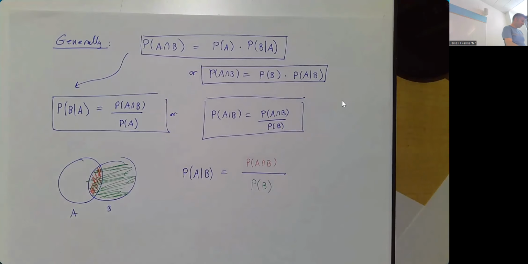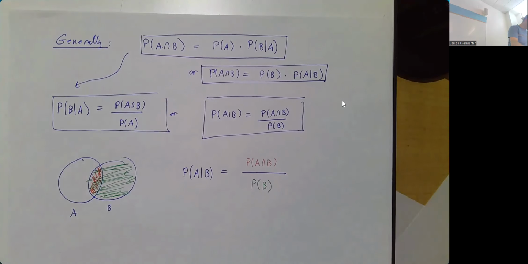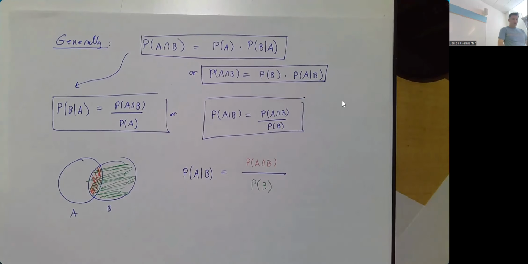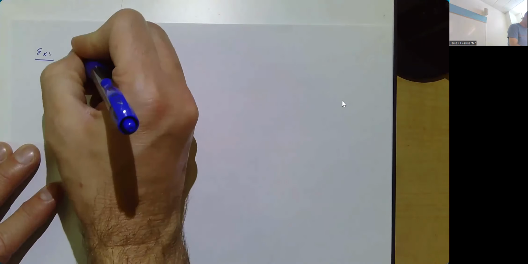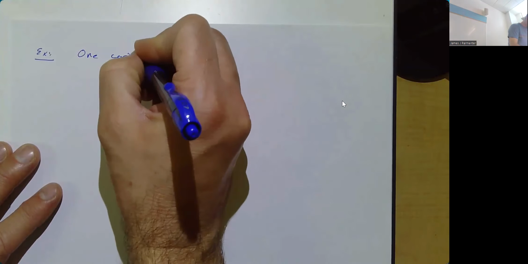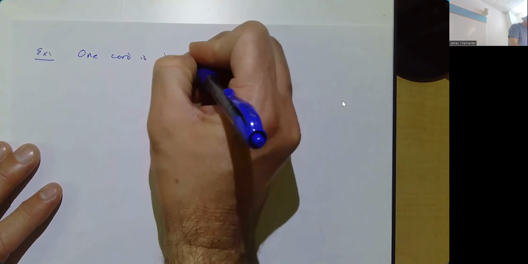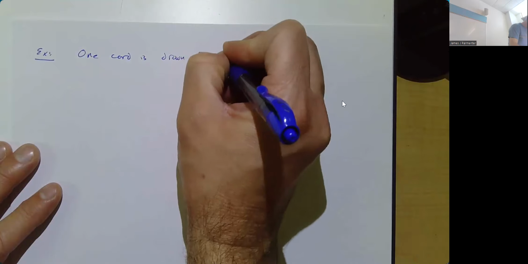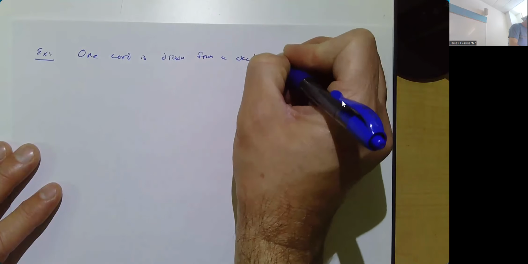Okay. Let's look at some examples. One card is drawn from a deck of 52.